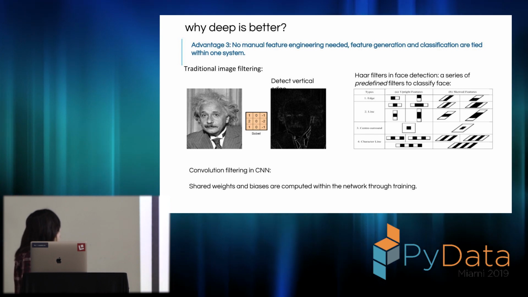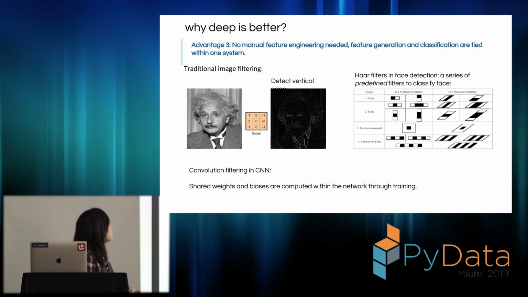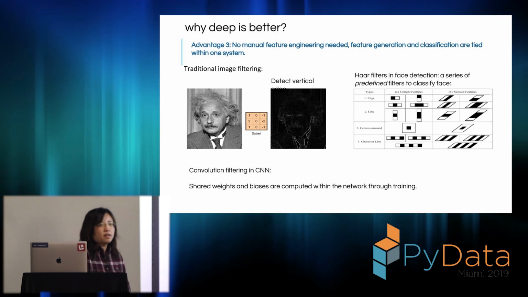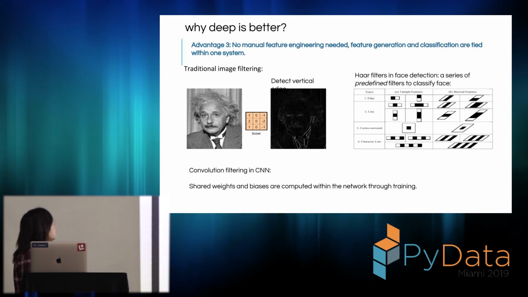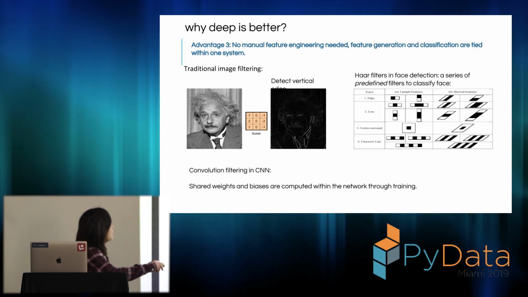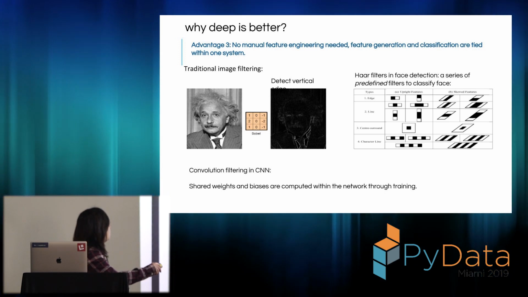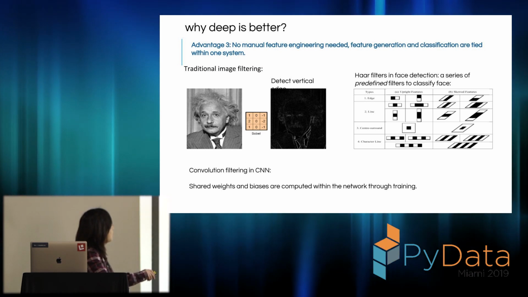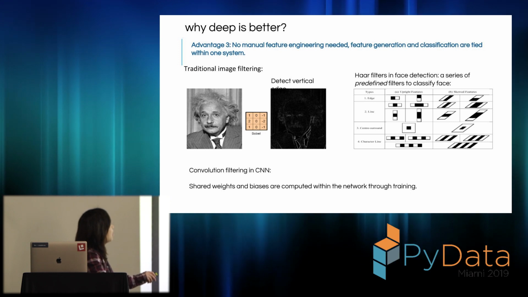So the third one people are always talking about is that you don't need to do much manual feature engineering in a deep neural network. For example, in traditional computer vision, people have to use fixed-value masks and apply them to the original picture, and each mask can detect a different kind of feature.